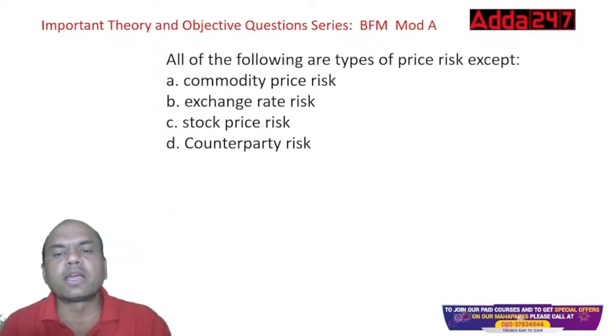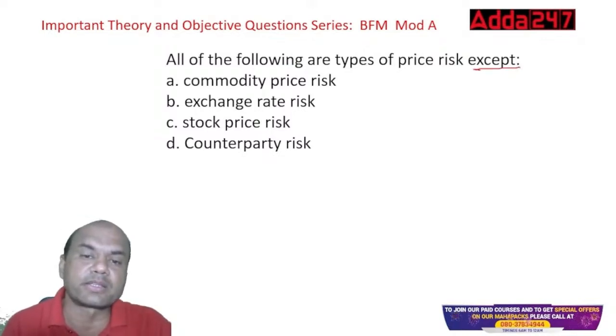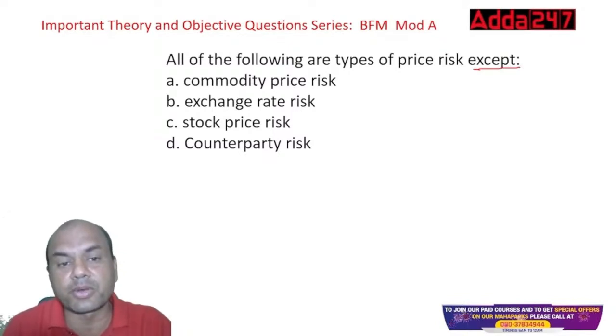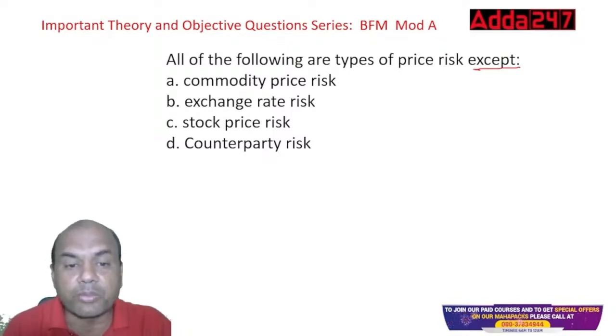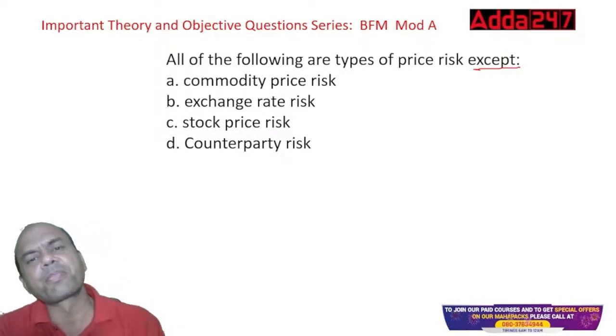All of the following are types of price risk except, and again except means not, which is not the type of price risk. Commodity price, exchange rate, stock price, counterparty risk. Just now I gave you the answer.